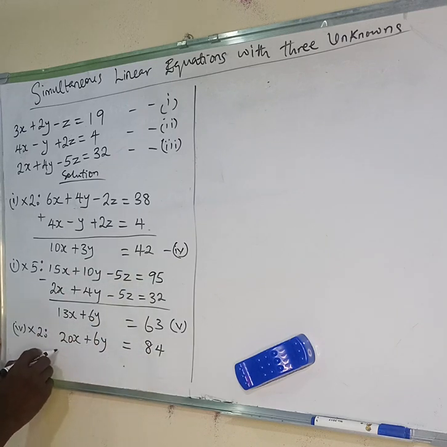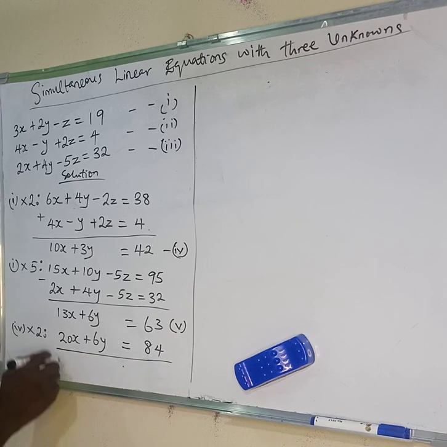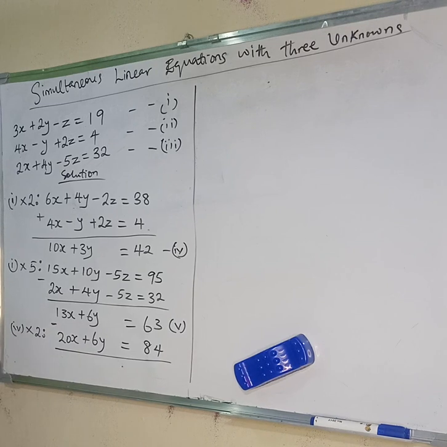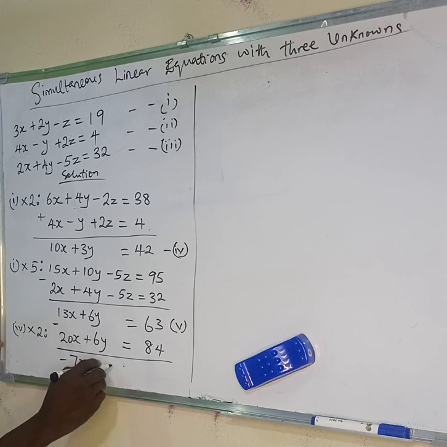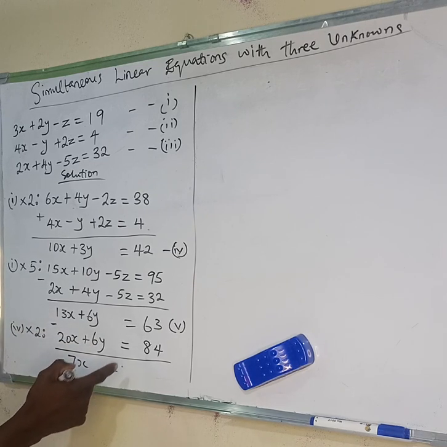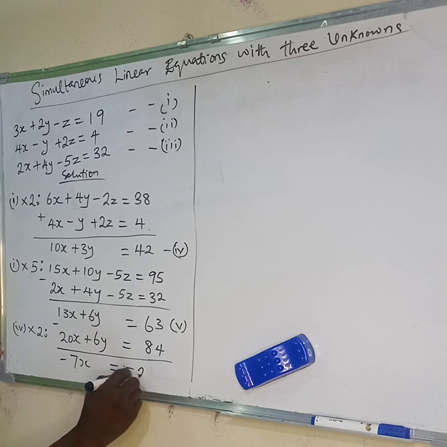All right. So we bring them down this way, and then we put our negative. Now 13x minus 20x gives us negative 7x. 6y minus 6y is 0, so y is gone, equals now 63 minus 84, which gives us negative 21.